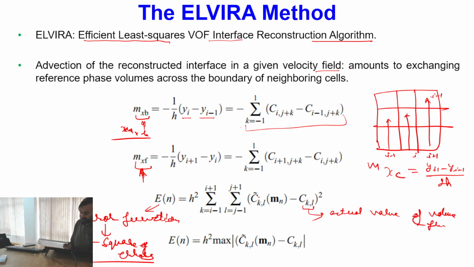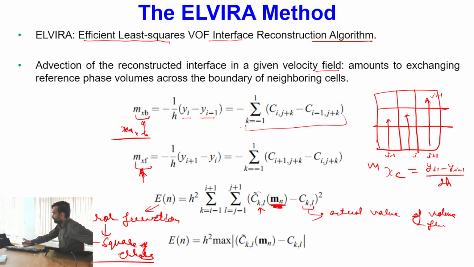And what is C tilde KL? C tilde KL will be the value of the volume fraction in the same set of cells once this volume fraction is estimated using the slope which is considered for reconstruction of the interface.